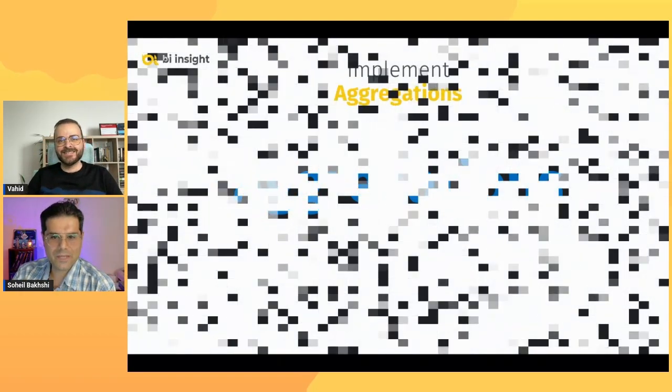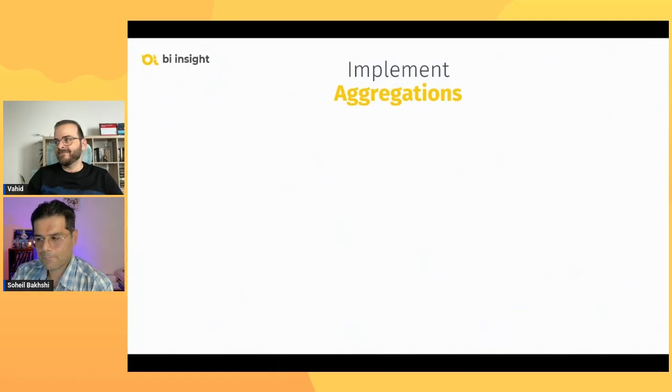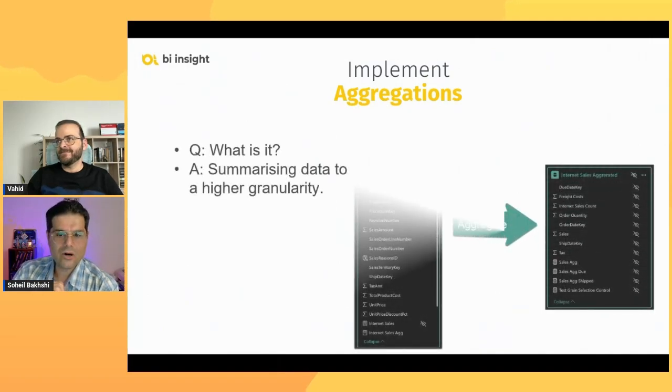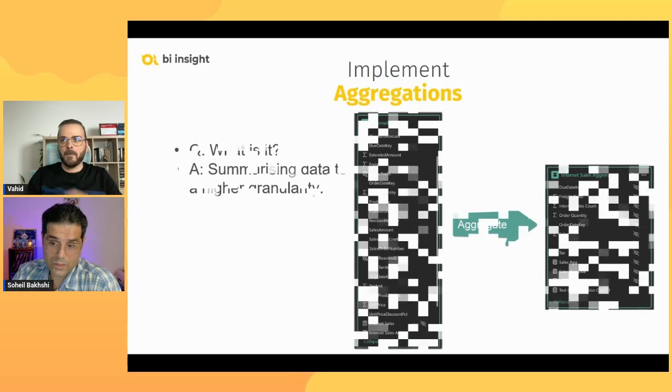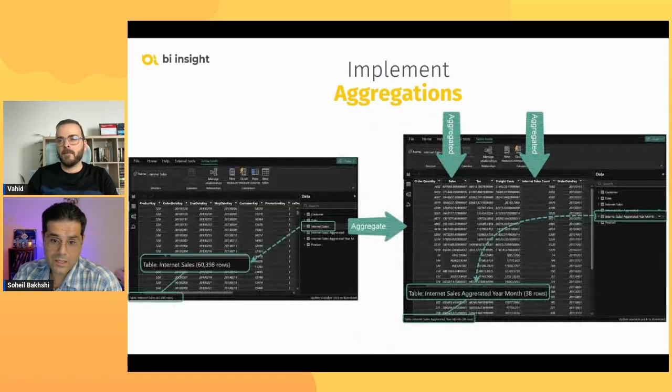I've already explained the meaning of aggregation. So we summarize the data into a higher granularity. So the table that you see on the left-hand side turns into the table on the right-hand side when we aggregate it, right? So this is the table on the left-hand side with 60,000 records, now turned into a table with only 38 records.